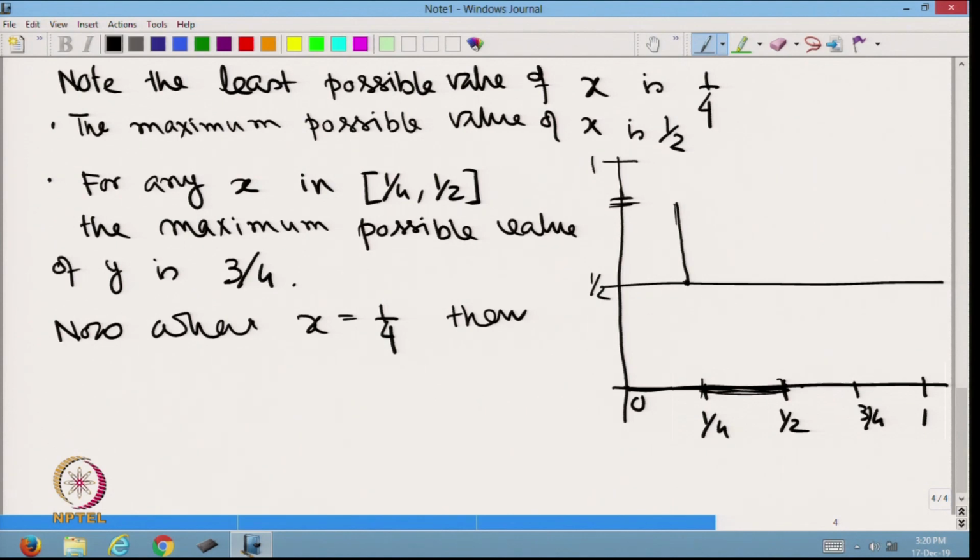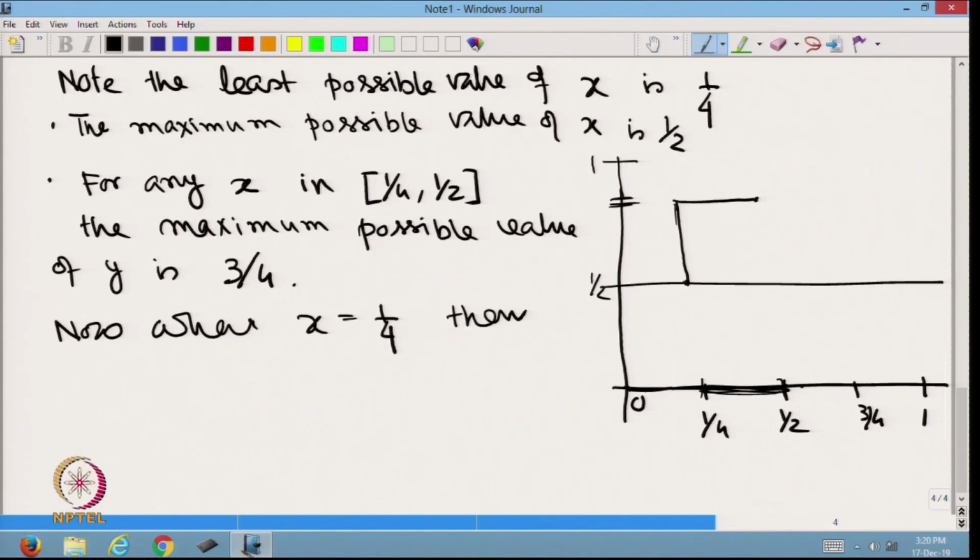When x is equal to half, the only possibility for y is 3 by 4, because otherwise one of the segments is going to be less than 1 by 4. Therefore, when this is half, the only possible point for y is this. Therefore, this is the shape that we are getting.